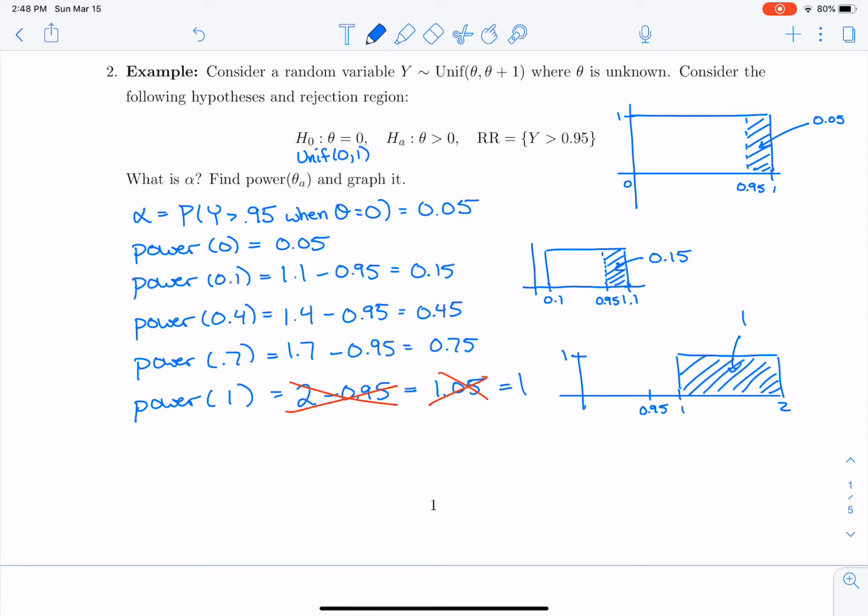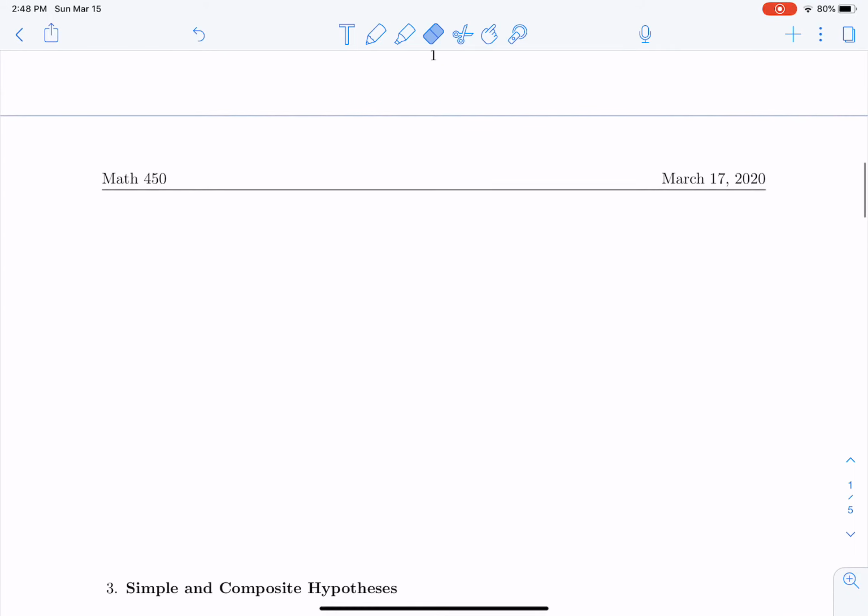Well, we can now define a pattern. You can see the power of 0 was 0.05, the power of 0.1 was 0.15, the power of 0.4 was 0.45, the power of 0.7 was 0.75. That looks like it's got a pattern there. What is the power of our alternative?